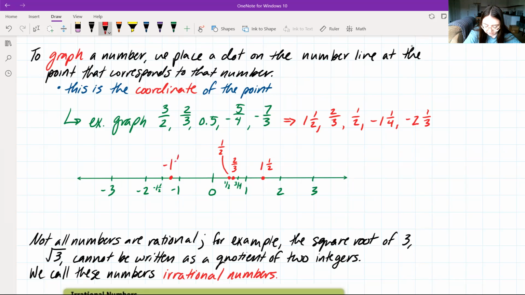So we have -1 and 1/4. Then lastly, we have -2 and 1/3. This value between -2 and -3 is probably -2 and 1/2. And -2 and 1/3 is less than -2 and 1/2. So let's place it about here. -2 and 1/3.